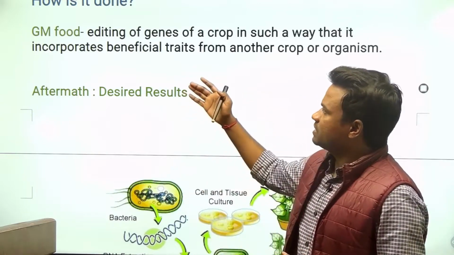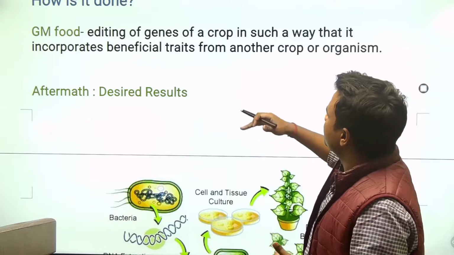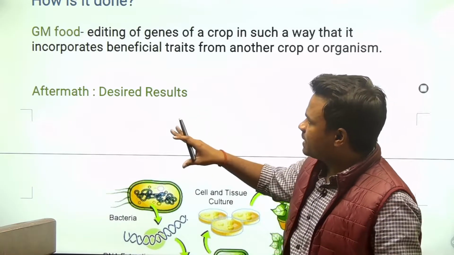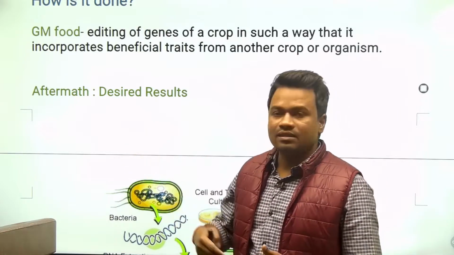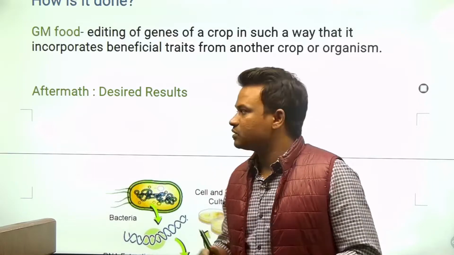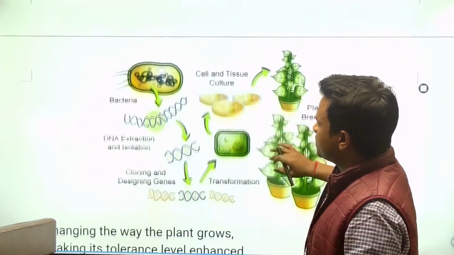That is genetic engineering, or GM, genetic modification. If through this practice we get a food variety, we call it GM food. That is very simple. And what are the desired results?